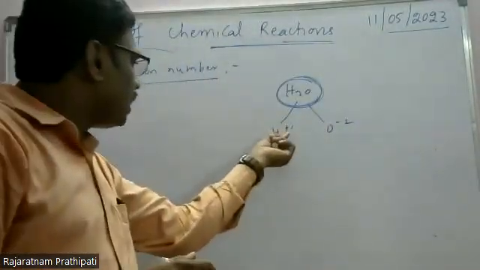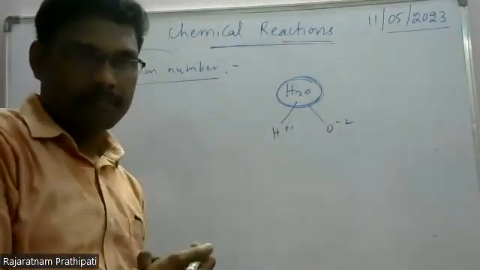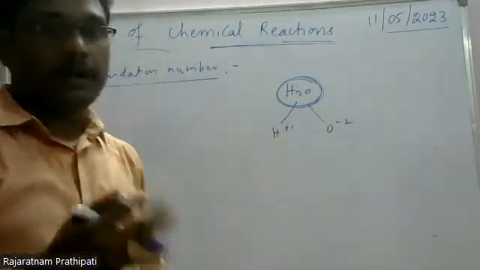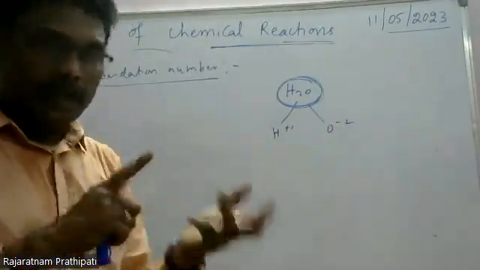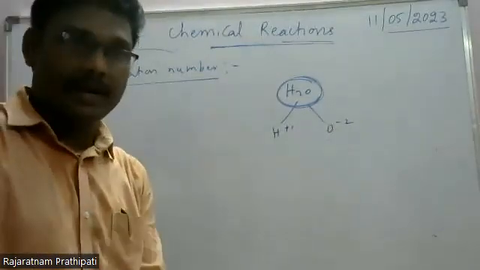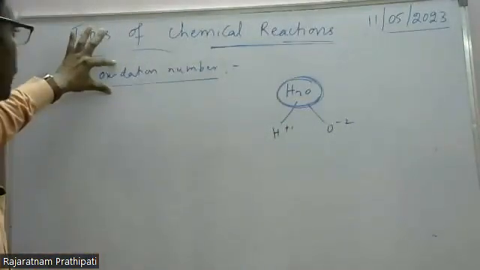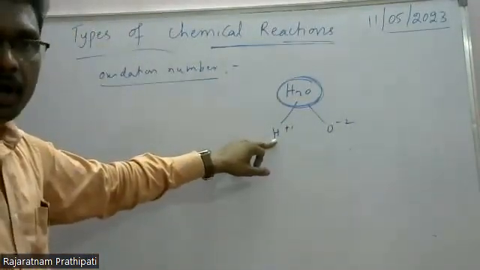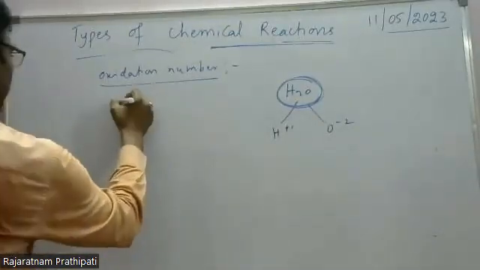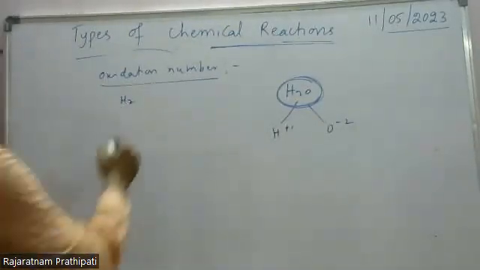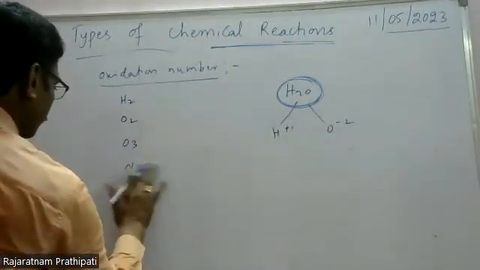We can understand the oxidation state change, or oxidation number, with respect to the number of electrons lost, gained or shared. That is nothing but the oxidation number of that element. Elementary form means, look at this: hydrogen, oxygen, O3, N2, sodium.